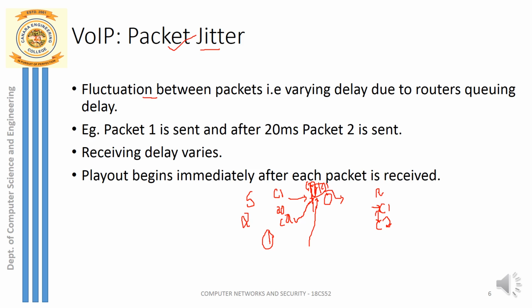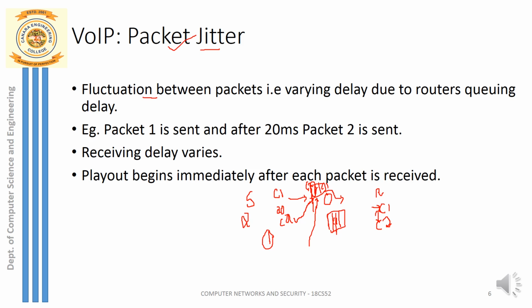Maybe in that queue, already there are multiple other packets which are sitting. So now somehow chunk 1 got a chance to be in the queue. Ahead of chunk 1, there are multiple other chunks sitting inside the queue.